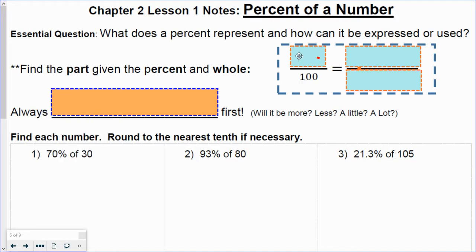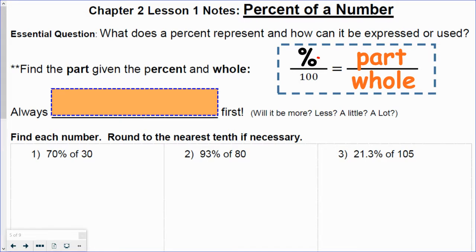So we are always putting our percent on top of 100, just like we did yesterday when we were turning a percent into a fraction. But we're going to set it equal as a proportion to a part of a whole number given to us. It'll make more sense once we start setting up some of these problems.